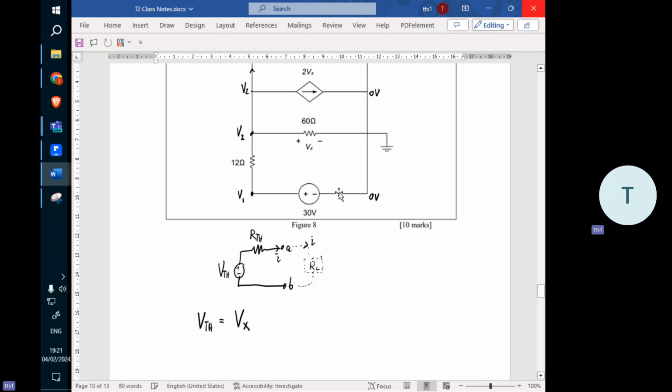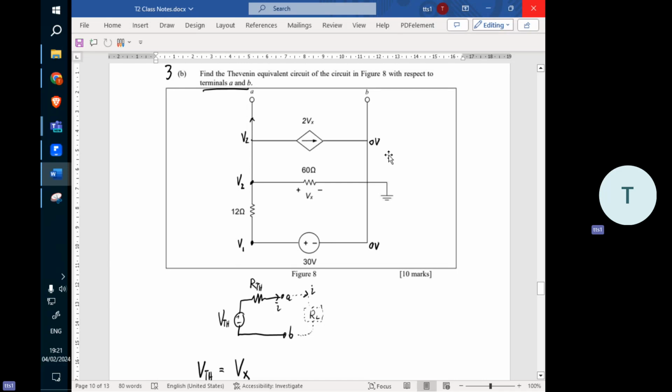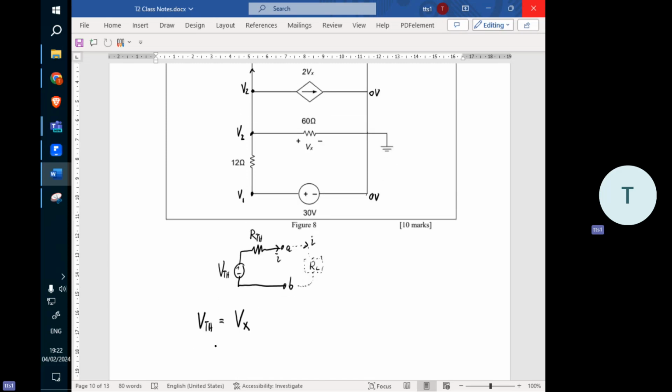So at least now you have a clearer picture. If you see all the nodes here, these two nodes are V2, this is V0, 0 volt, and V1. So far we know that V1 is 30 volt for sure. If you still don't understand this, nothing I can do already.